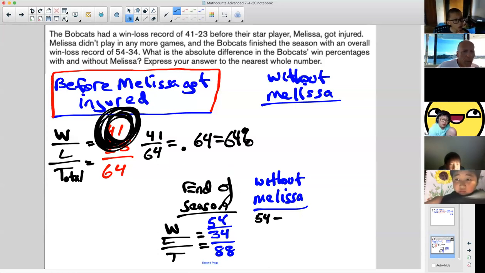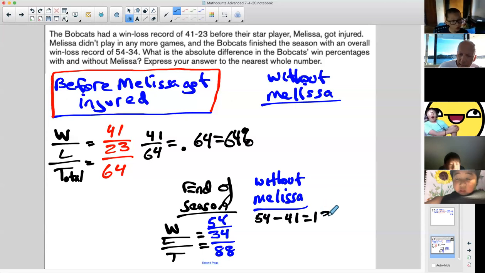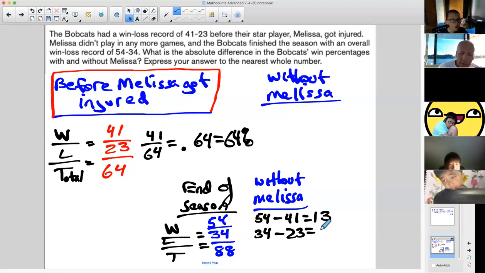Minus 41. Right. So 54 minus 41 gives me what? 13 games. Yes. And 34 minus 23 is 11. Andreas, explain why you did 34 minus 23, please. Because you also have to subtract the losses.